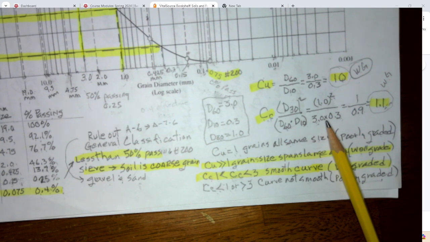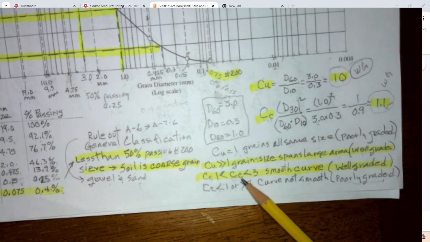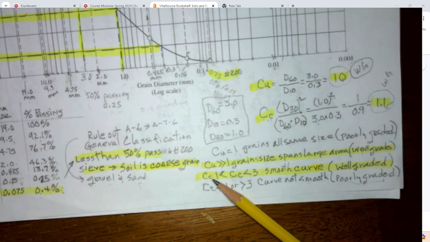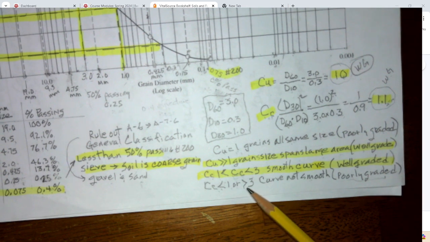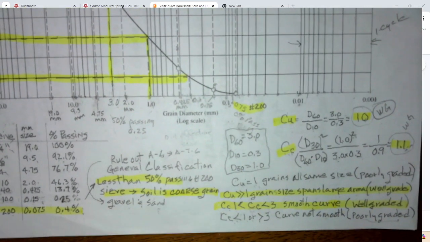This is a little hard to understand. When the coefficient of curvature is less than 1 or greater than 3, the curve is not smooth. If this curve just went up and around and up, all over the place, if it's not smooth, it's not well graded.